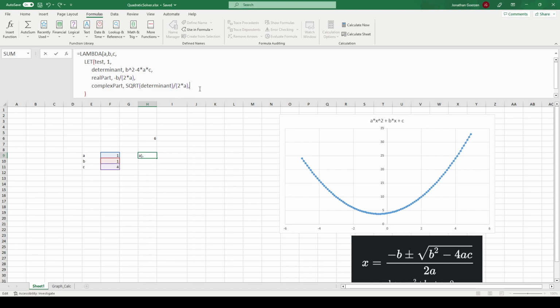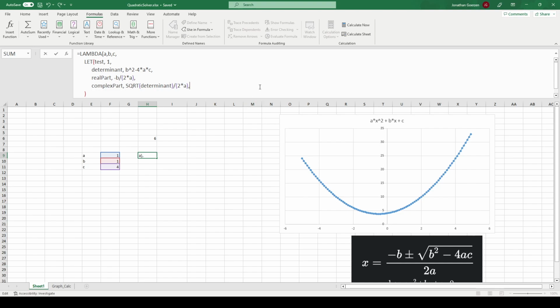Okay, now how do we want to do this? Well, I know that if my determinant is positive, I'm going to have real numbers, and I can just add the real part and the part that might be complex together, and I'll get my answers. And if the determinant is negative, then I'll take the real part and add or subtract the complex part, and I'll get a complex number.